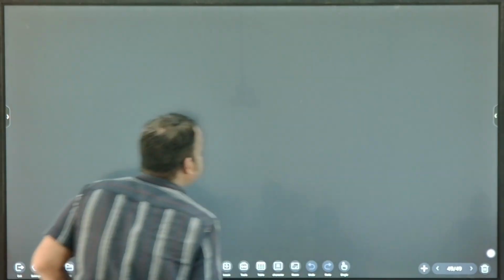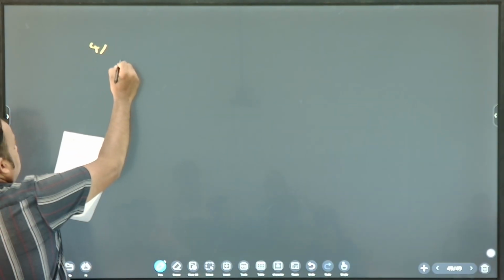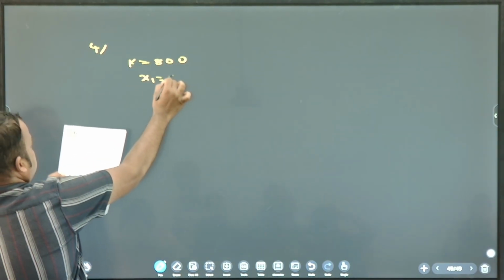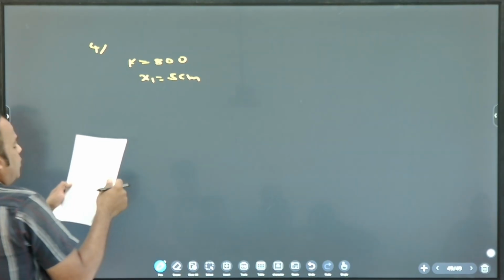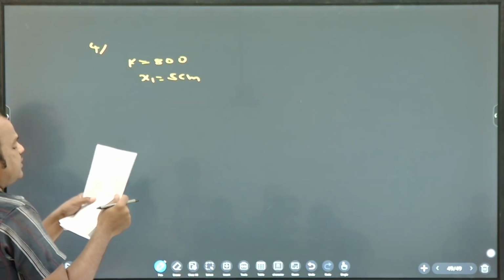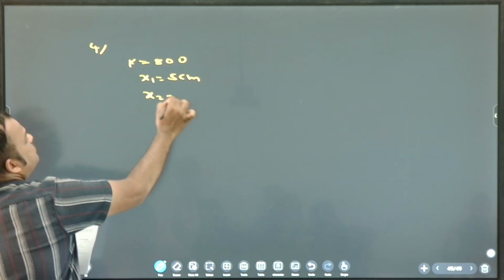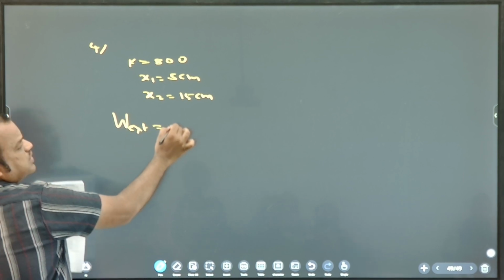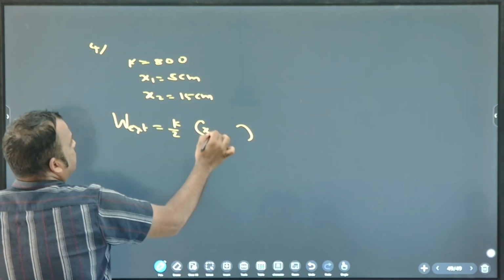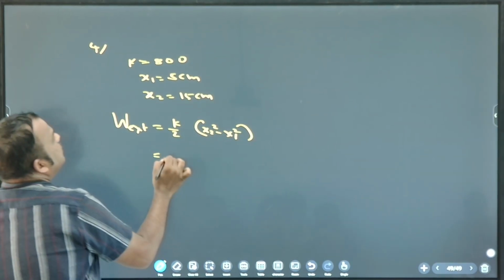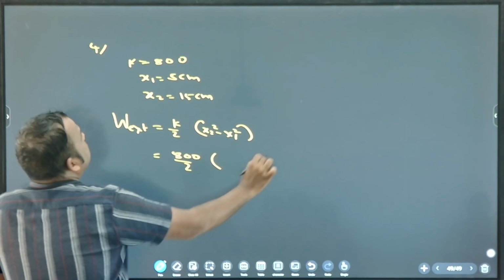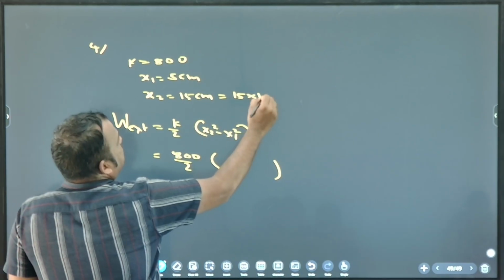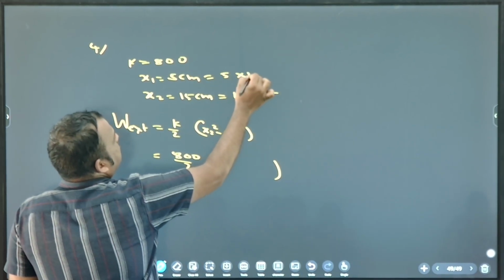Fourth. K is given as 800. Extension x1 is 5 centimeter. Work done in extending it from 5 centimeter to 15 centimeter, so x2 is 15 centimeter. Again the same formula. External work done is K by 2 into x2 square minus x1 square. So 800 by 2. Now convert this into meter: 15 into 10 power minus 2 and 5 into 10 power minus 2.